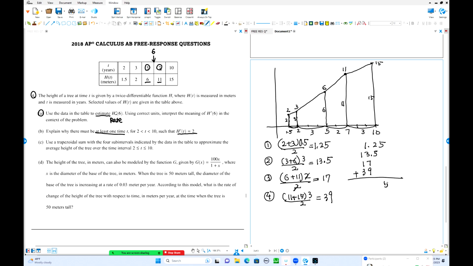This is 5. Okay, that is 7. 2 plus 5 is 7. This is 10. Another 10 equals how much? This is 4, 11, 20, right?